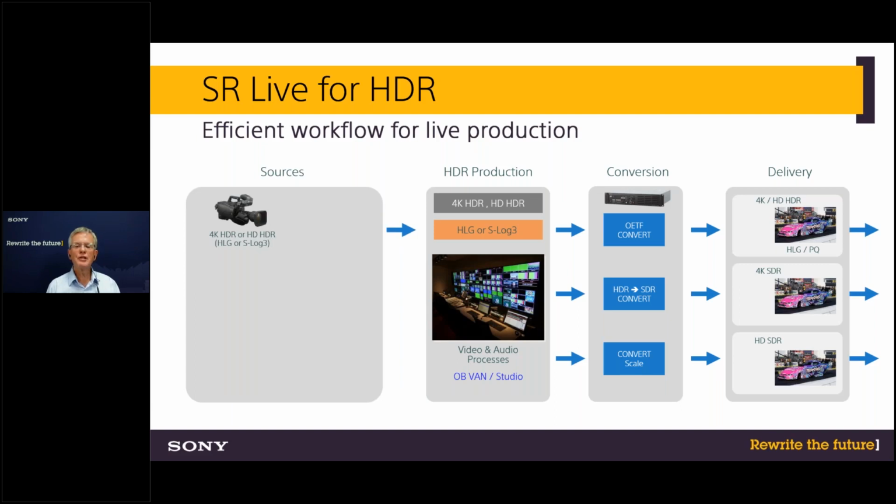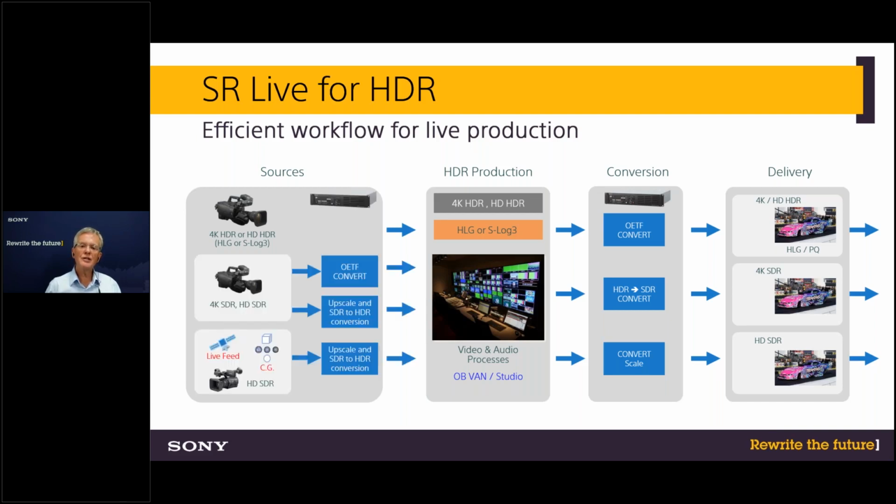Now at the input to the switcher, there will be a number of sources. We could have camera systems which are working in exactly the same format as at the production core, in this case either 4K or high definition in HLG or in S-Log3. And in that case, no conversion is required at the input to the switcher.